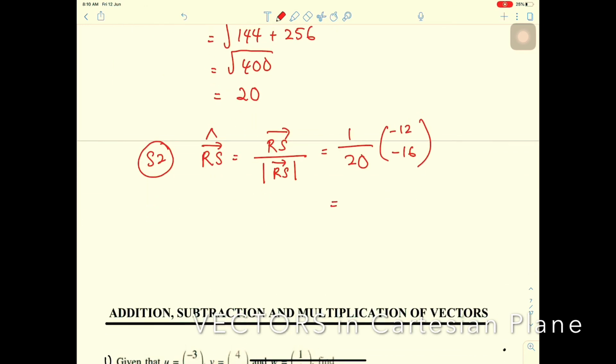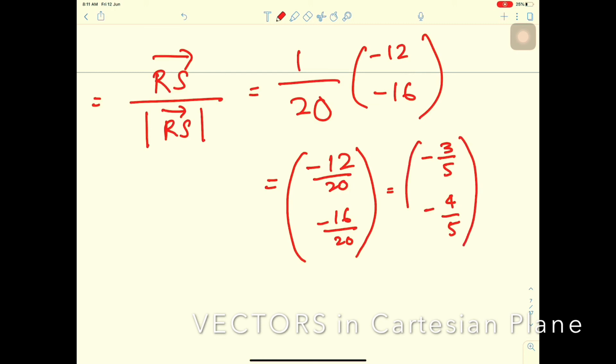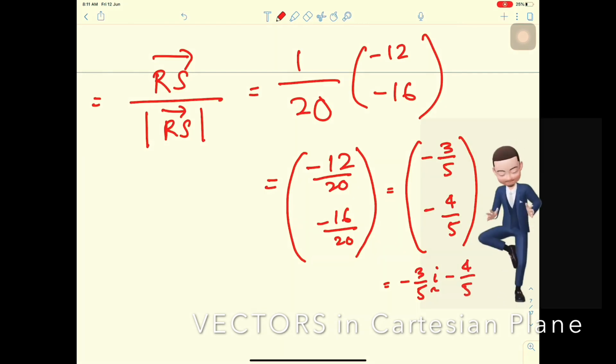So you get -12 over 20 and -16 over 20, which equals -3 over 5 and -4 over 5. You can leave your answer in matrix form or in ij form: negative 3 over 5 i minus 4 over 5 j.